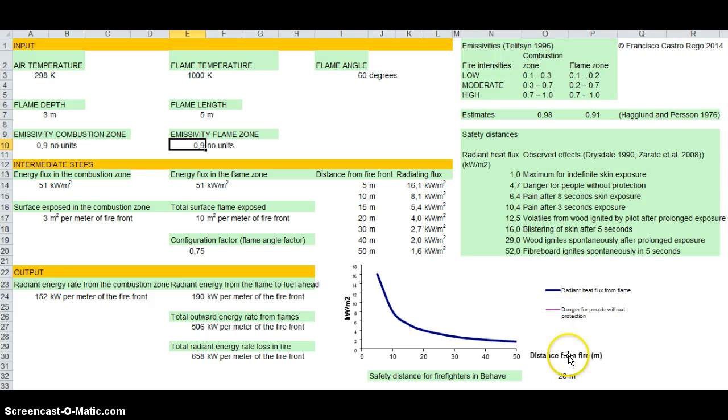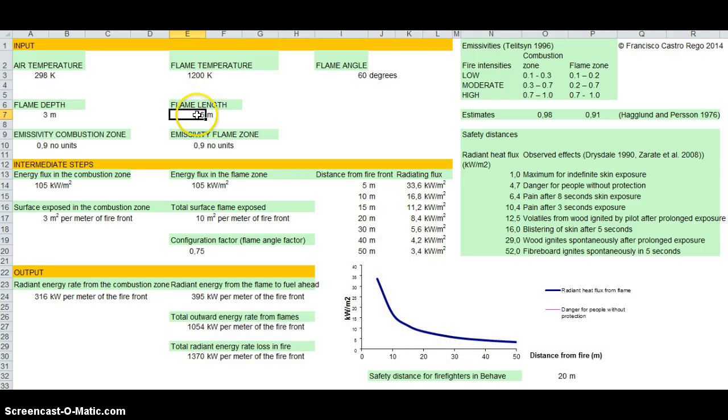And of course, if you have protection, you can go a little further, and you can see that from these kinds of equations. Also, you can see the impact of flame temperature. If you have flames with higher temperature, 1200 K, then you can see that there is an effect.